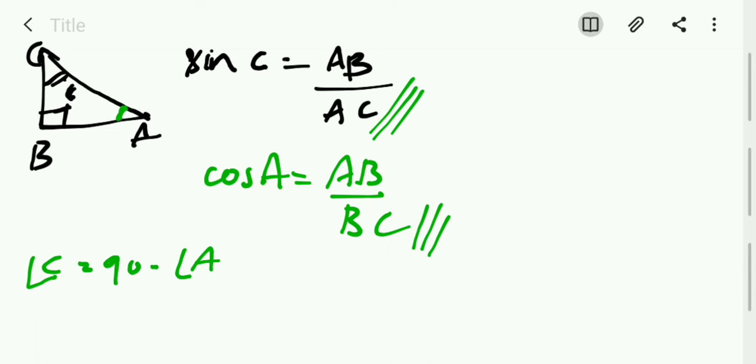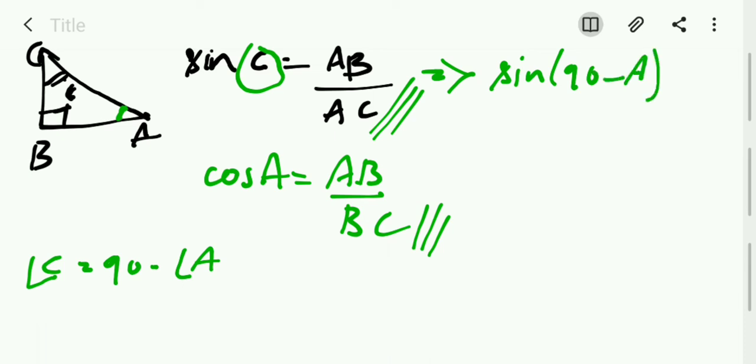Now instead of C, can I write sine 90 minus A? Now this sine 90 minus A is equal to cos A. So shall I write this now?